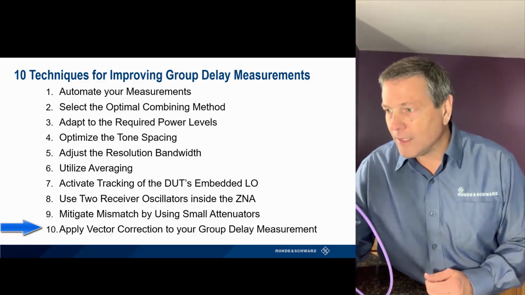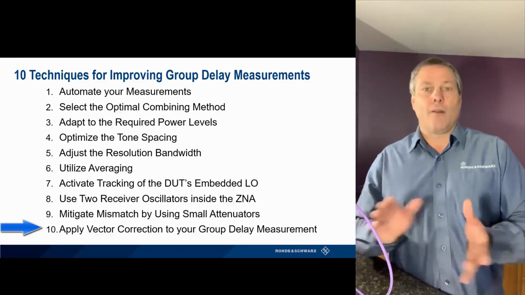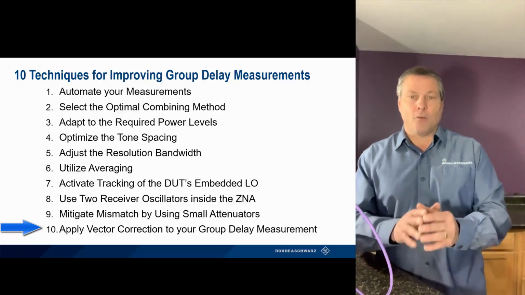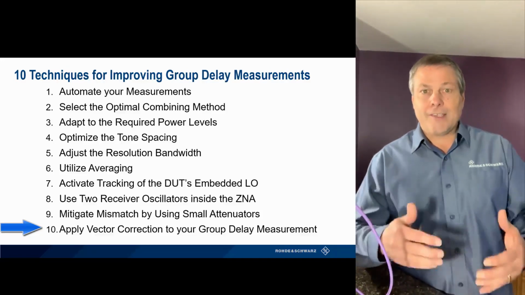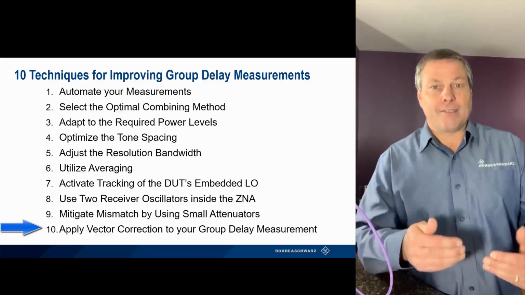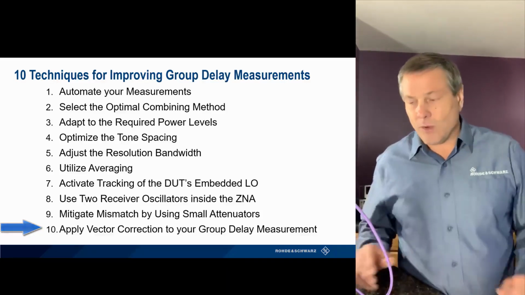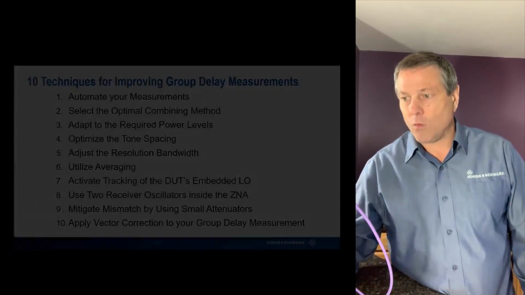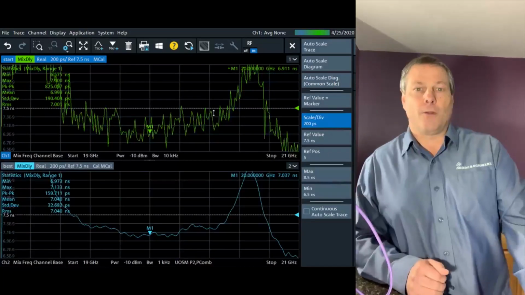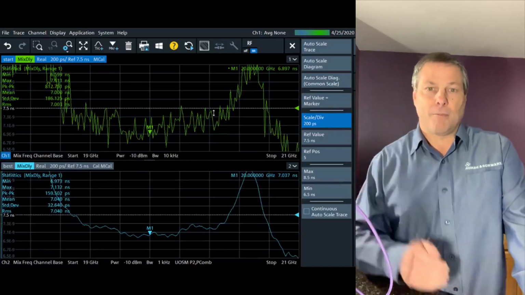It's actually released. It is 2.0. Okay, good. So 2.0 has vector correction for the K9 group delay measurement. And so this further mitigates the effects of mismatch in addition to what we can do with the attenuators. And it is the reason we can get such a clean trace when we're measuring the frequency converting group delay of a device that has an embedded local oscillator.